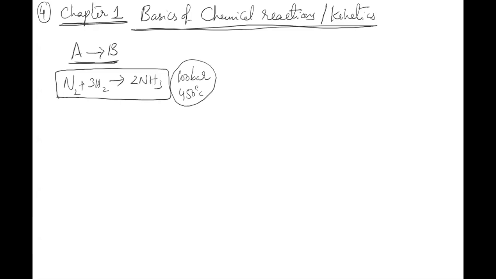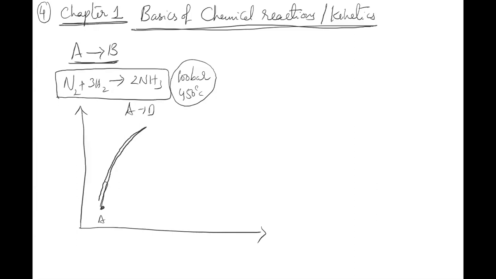What does that mean? If you take a simple energy diagram of A gives B, the energy level of A is here. That means at this energy level, A molecules don't convert. If I keep on increasing temperature and pressure, the energy of A is increasing.